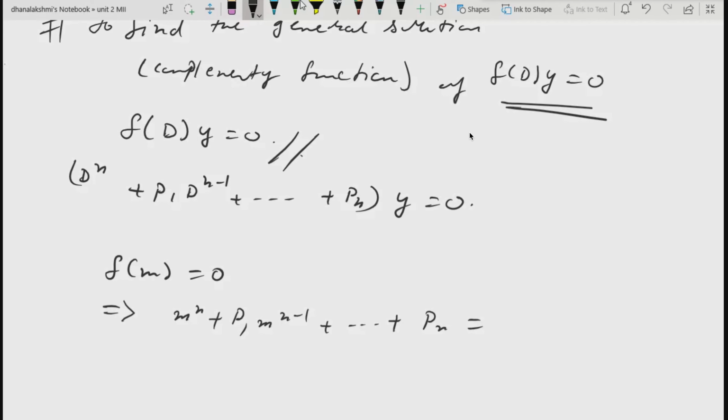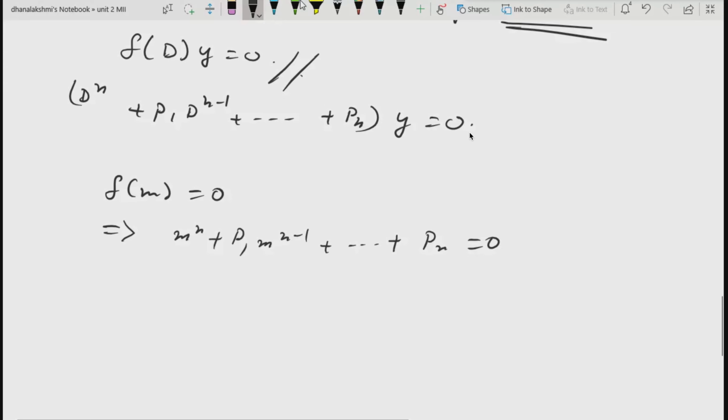Understood what you have to do in the first step? I'm not writing the whole theory here, I'll share the notes related to this one. So here p1, p2, pn are all real constants, and this equation is called the auxiliary equation of the given equation.